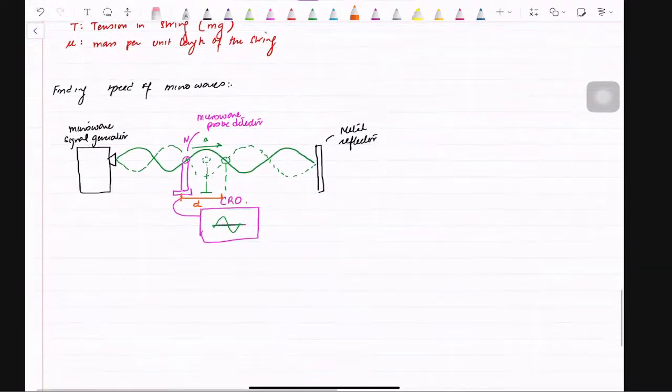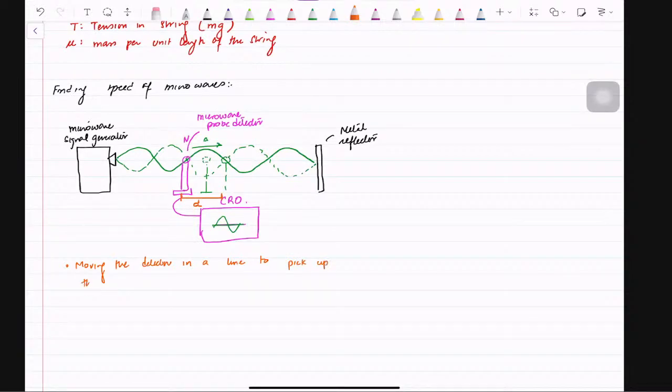So what we're doing is moving the detector in a line to pick up the nodes and antinodes. Then we measure the distance between two successive nodes.